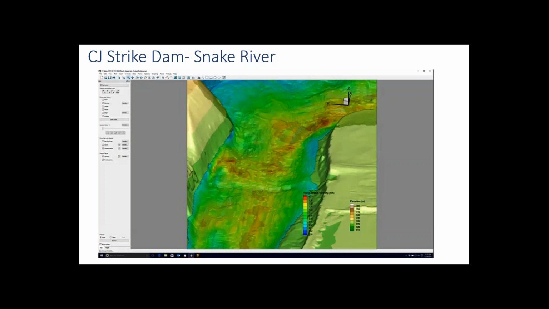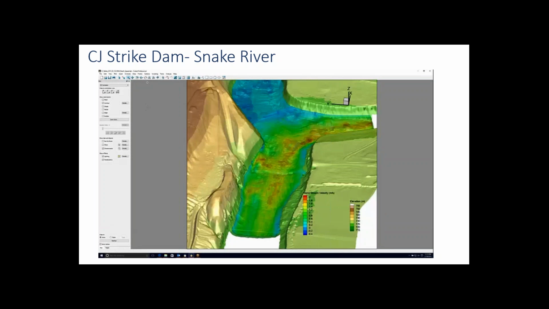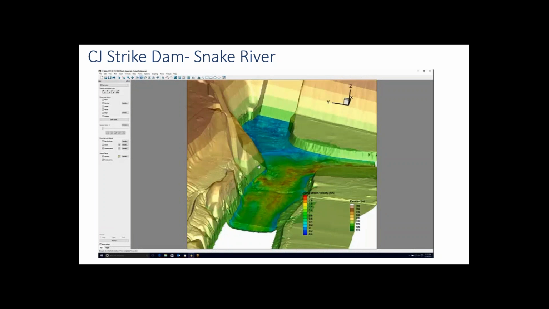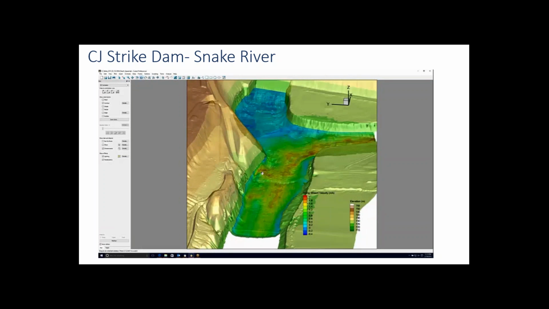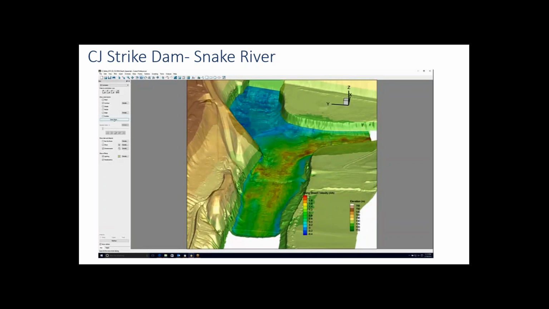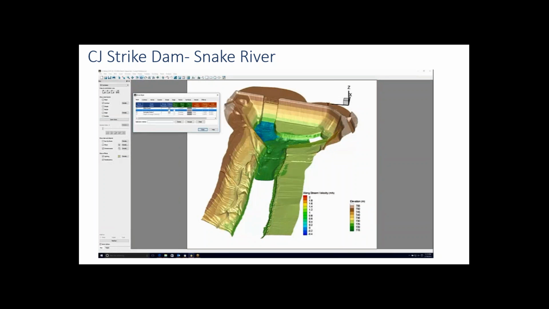Okay, so we're running here and we are looking at this in the Cubeit software. And what you're seeing is we have both the digital elevation model merged with bathymetry from the ADCPs and then the downstream velocity. I should mention we have the full 3D velocity field, so you can do a downstream velocity, a cross-stream, XYZ components of velocity.